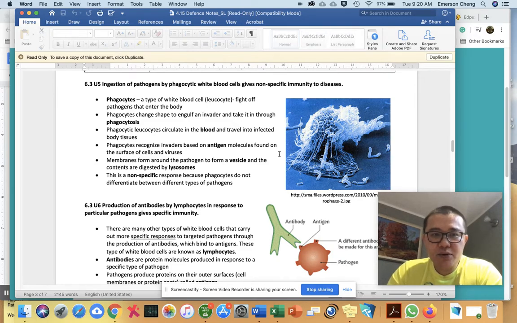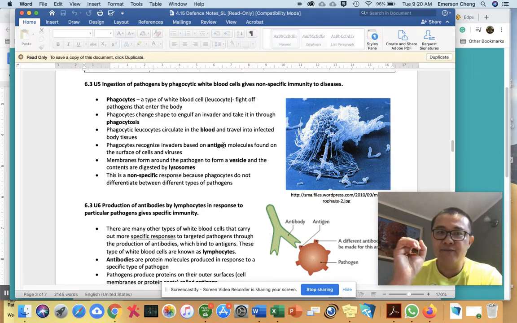So in this case, these phagocytic leukocytes, i.e. macrophages, eat these pathogens or these bacteria, and then later on they will actually present these antigen molecules. Antigen molecules are the molecules found on the surface of the bacteria or the virus, and really any cell, they call them antigens.